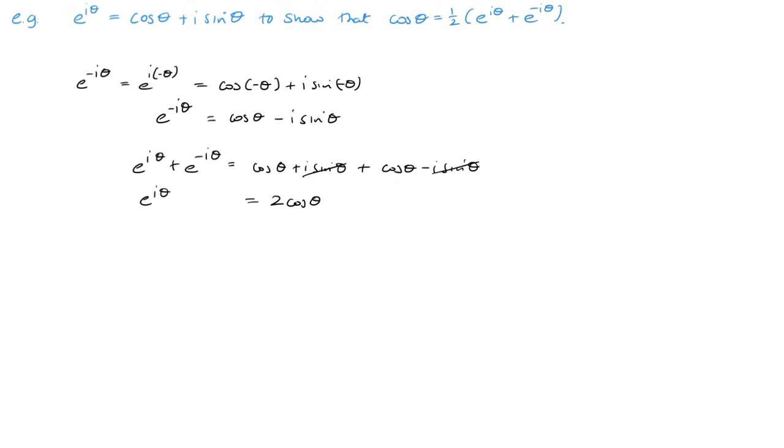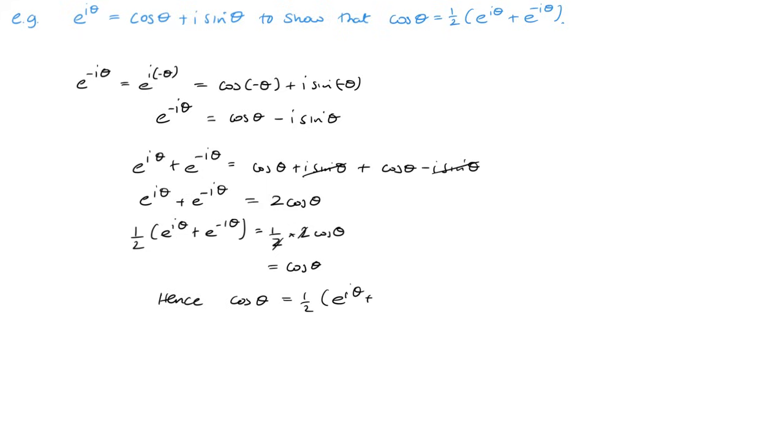So e to the i theta plus e to the minus i theta is 2 cos theta. Then if I multiply this by a half, it's going to be a half times 2 cos theta. And the halves are going to cancel, leaving me with just cos theta. So hence cos theta equals a half e to the i theta plus e to the minus i theta.